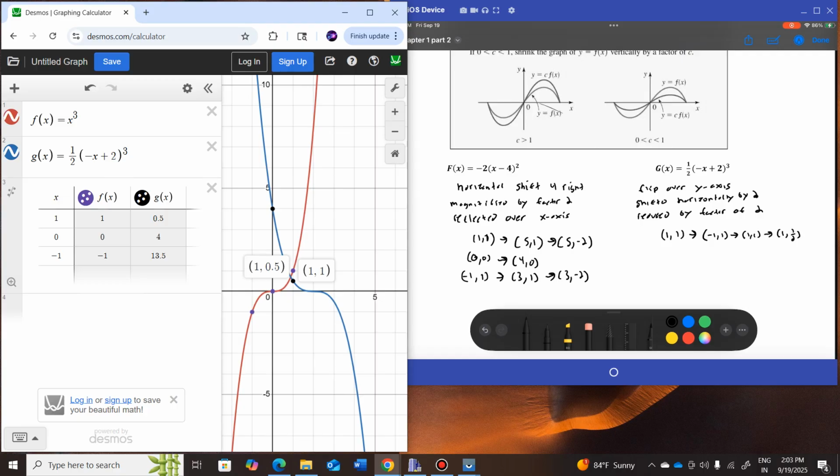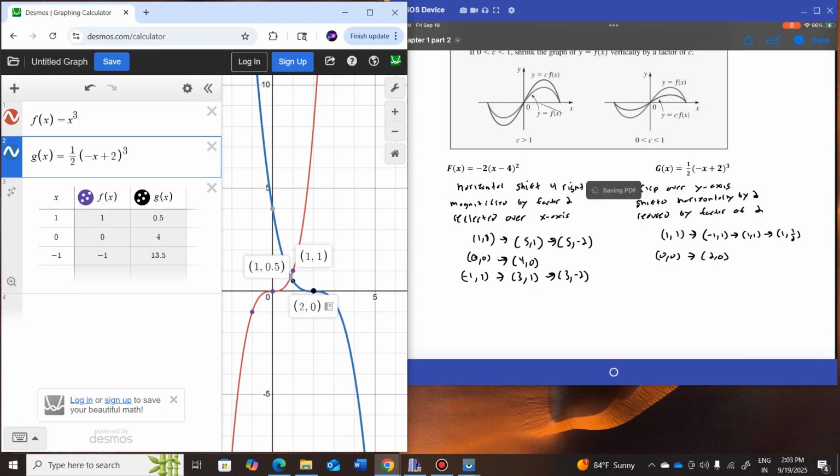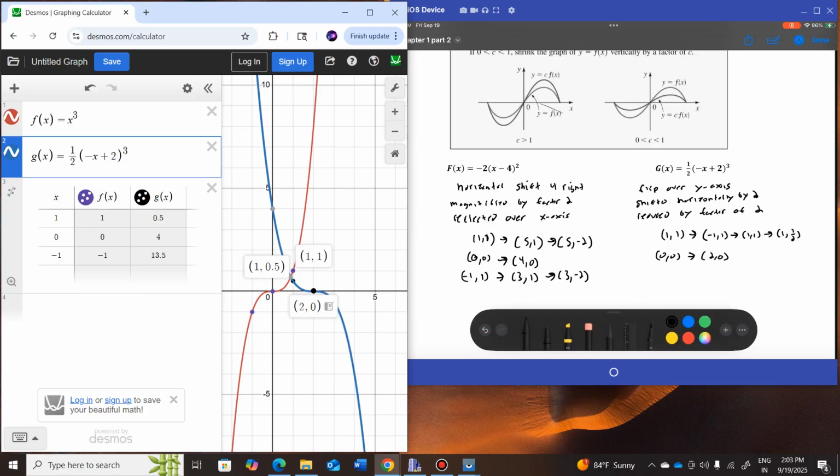This is where that point is. Okay, 0, again, the shift is the only thing. It gets shifted 2 units to the left, so it just goes to 2, 0. I'm sorry, to the right. Doesn't get affected by the factor reduce or the flip.